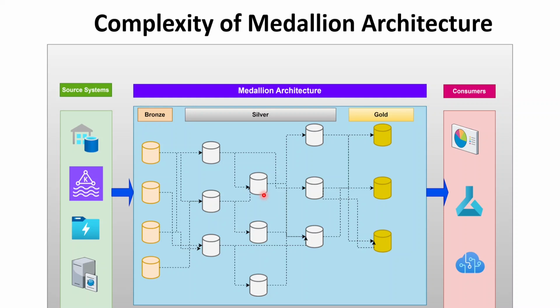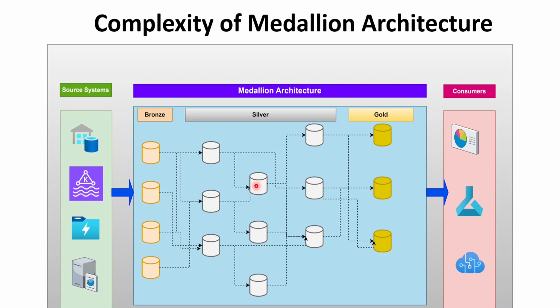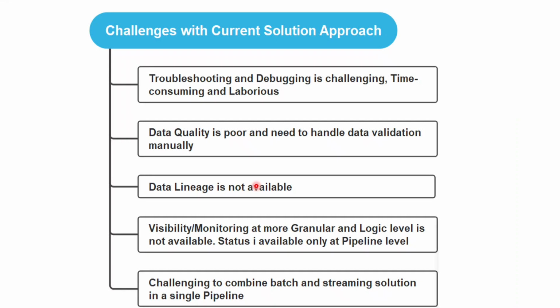We are not going to have any statistics related to a particular logic: how many records got processed for this particular logic, and how much time it has taken. We don't have any of this information. So for that, again, we have to go through the pipeline and understand, or go through the Spark user interface, and then understand how much time it has taken. So we don't have any centralized tool or location to track and monitor the progress of the pipeline.